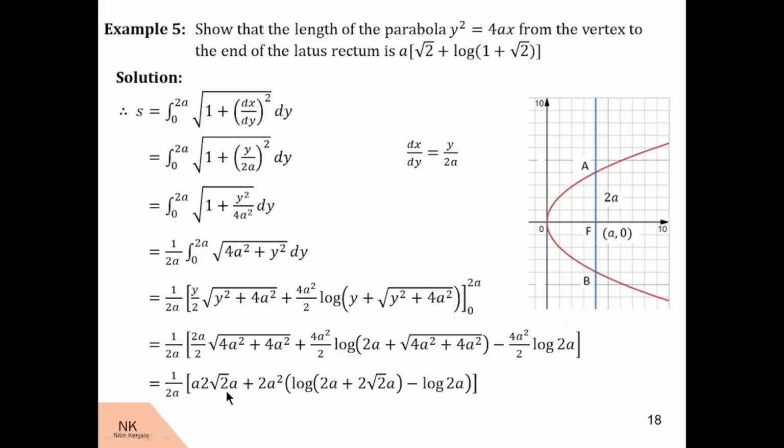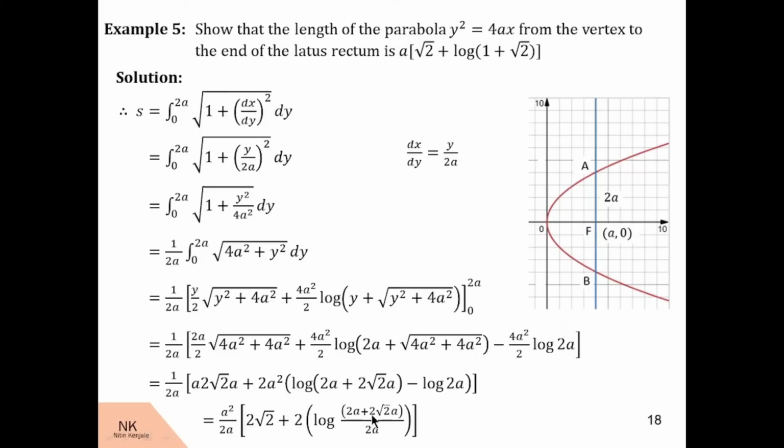Now we see this a square and a square is a common term. Let us take it out. So we have a square upon 2a into 2 root 2 plus 2 into log of (2a plus 2 root 2 a) upon 2a. Here we are using the property of log, which says log a minus log b is log a by b.